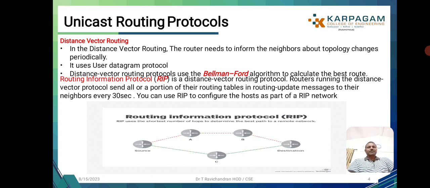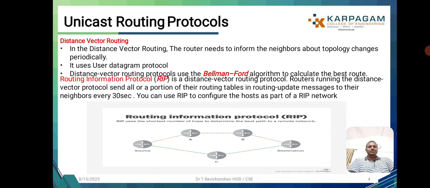Distance vector routing protocols use the Bellman-Ford algorithm to calculate the best route. The Routing Information Protocol is a distance vector protocol. A router running a distance vector protocol sends all or a portion of its routing table to its neighbors every 30 seconds.